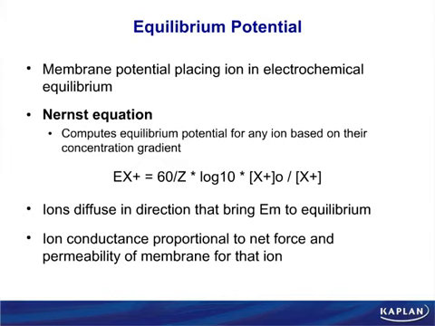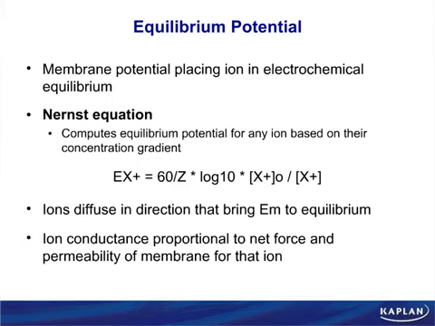Now, why is that so important? Ions diffuse in a direction that moves membrane potential toward their equilibrium. So the membrane potential moves toward the equilibrium potential for that ion. So the Nernst equation calculates the equilibrium potential, say for potassium.